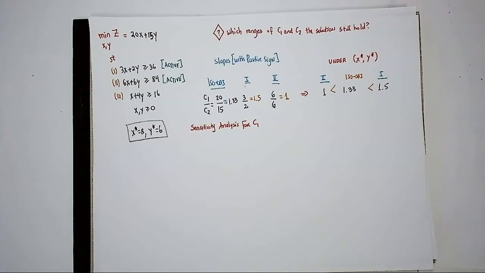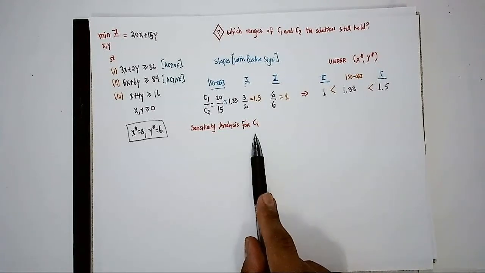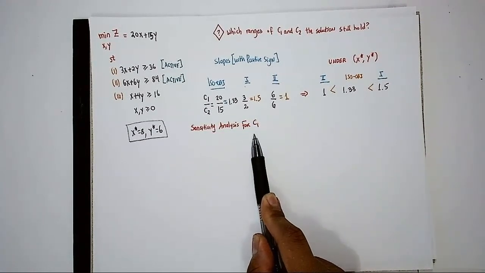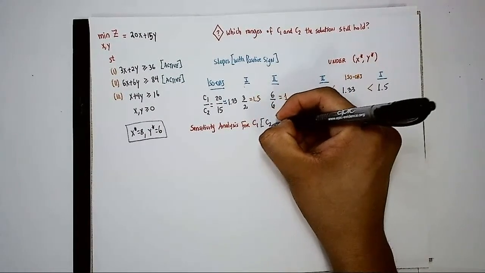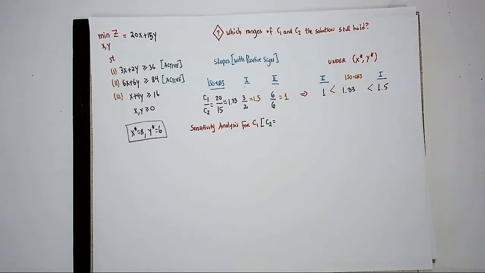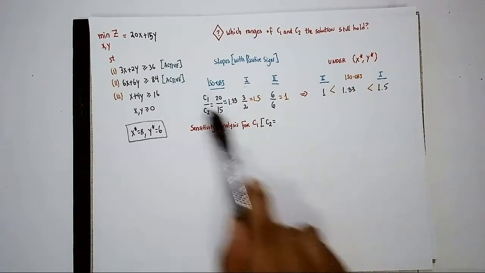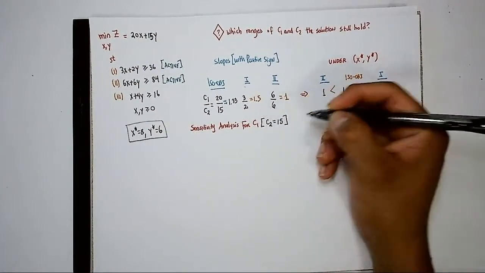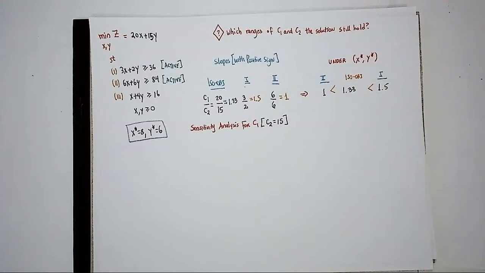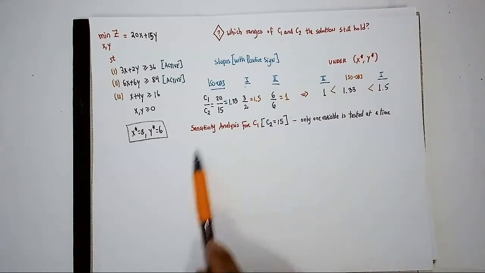Remember that if we proceed with the sensitivity analysis for C1, the coefficient of y will be assumed to be constant. In this case, the value is 15. We repeat this relationship here.